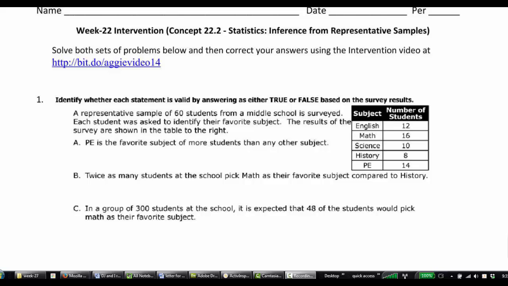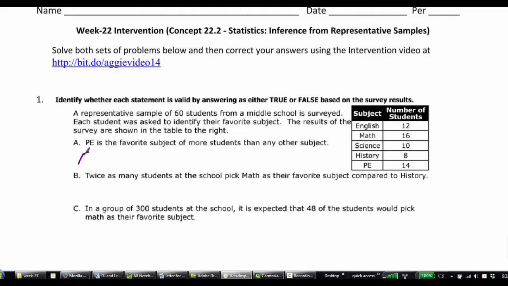Now I'm looking at statement A. PE is the favorite subject of more students than any other subject. Well, you might think that students would pick that, but apparently not at this middle school, not according to this data. Math had 16, PE 14.